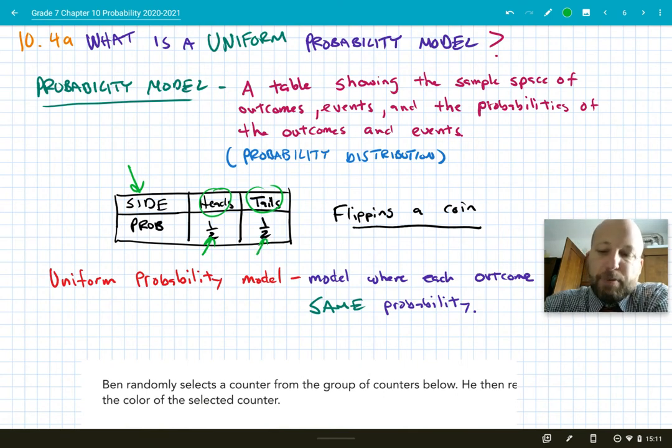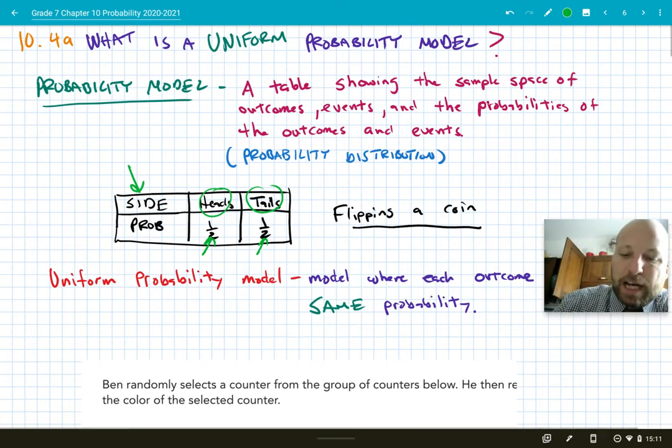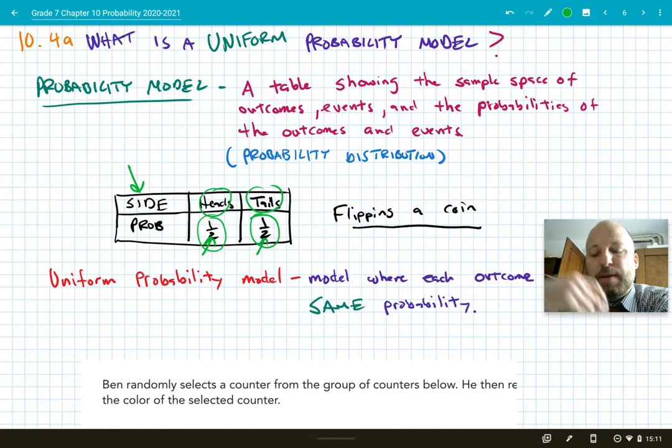This is a probability model of flipping a coin. Very simple, right? We're actually going to call this a uniform probability model, which is the point of this lesson, because the probability of each outcome is the same. Whether it's heads or tails, it's 50%, 0.5, or 1/2 for every single one.